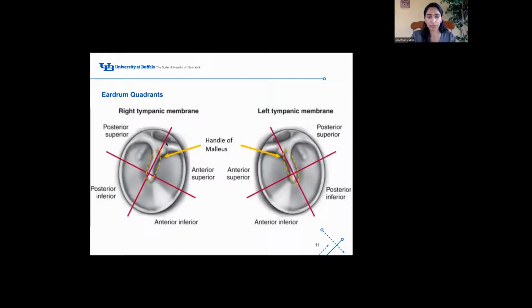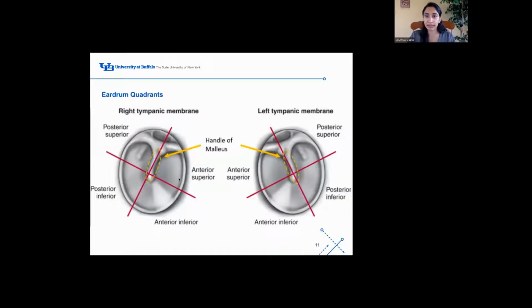If you take the handle of the malleus and go along the cone of light to form this quarter-pie piece of the tympanic membrane, you see which side of the full tympanic membrane that's on, and that tells you which ear you're looking at. So in this case, if you have the handle of the malleus and the cone of light forming this anterior superior quadrant, it's on the right-hand side, so this is the right tympanic membrane.